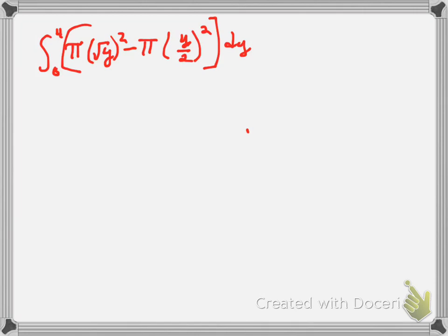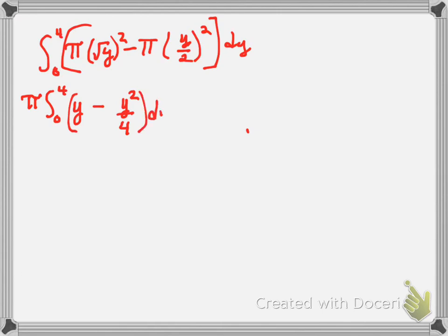All right, so here's the integral that I need to work out. I could factor that pi out since it's just a constant and put it out front. And then the square root of y squared would be just a y. And if I square the inner radius, I get y squared over 4, or 1/4 y squared, whichever way you want to write it.